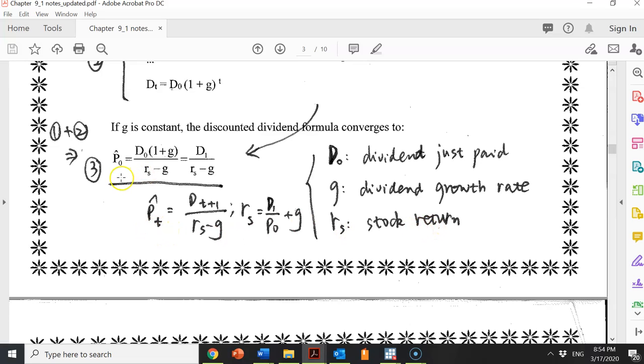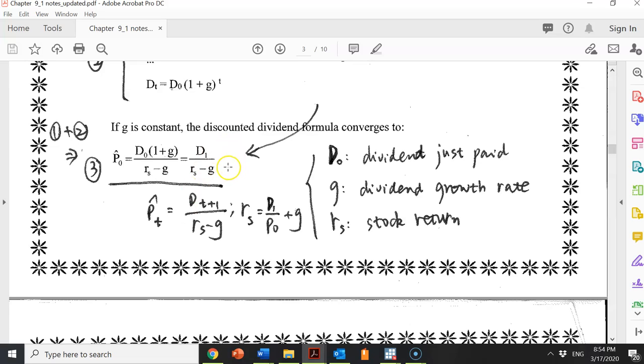Because P0 equals D1 over (Rs minus g), we can also infer that Pt, the stock price at any time t, is D(t+1), the dividend at time t plus 1, over (Rs minus g). So we can calculate the stock price at any time by using the dividend next period over (Rs minus g).